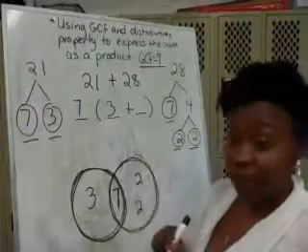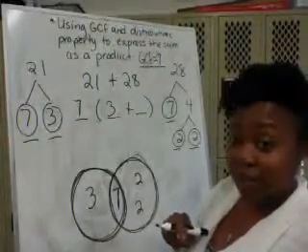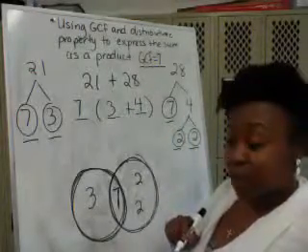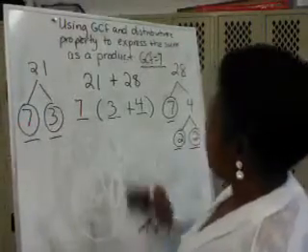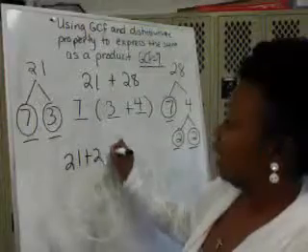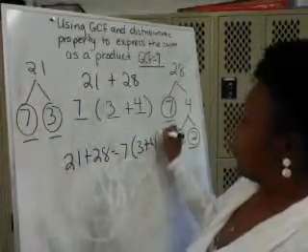Yes, 3. 7 times what number gives me 28? Yes, 4. Now, what does this mean? This means that 21 plus 28 equals 7 parentheses 3 plus 4.